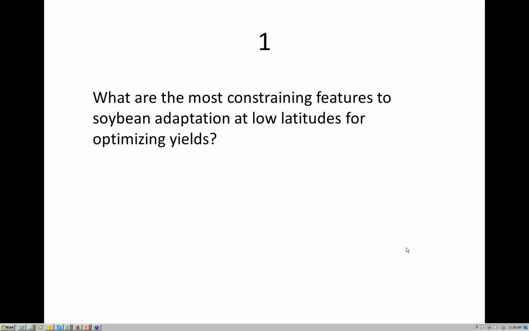Okay, Pete has a question. Yeah, there was a question from Carrie Clark about are there very many Brazilian lines that are not GMO that would affect our ability to use Brazilian lines as parents?